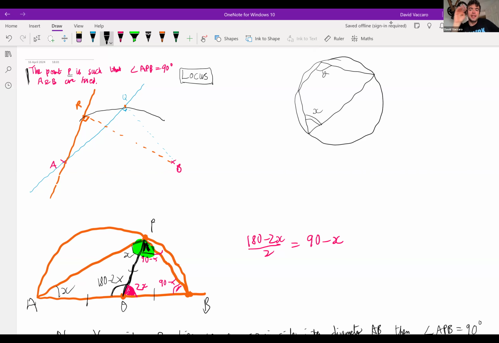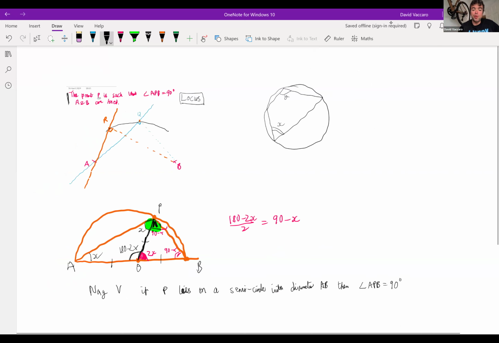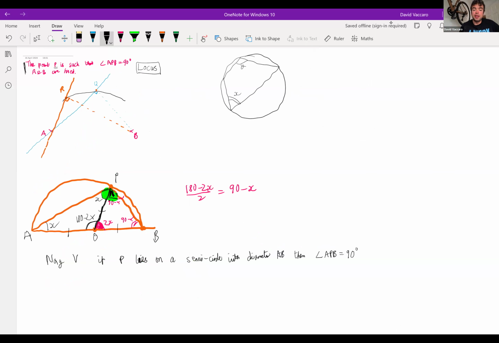Who thinks that Nagvi's argument is sufficient? Who thinks that it's missing something? So Nagvi has shown that if we lie on a semicircle, then the angle APB is 90 degrees. Marcus said that it's sufficient.